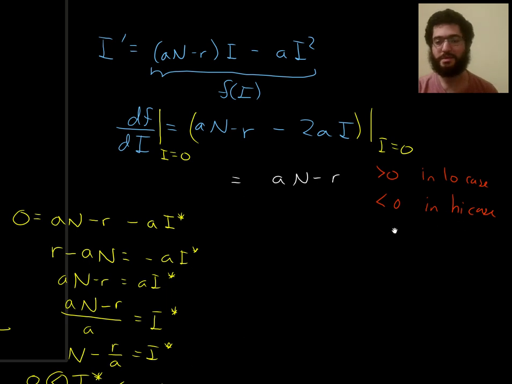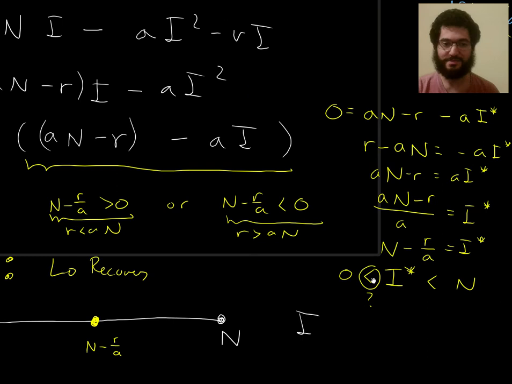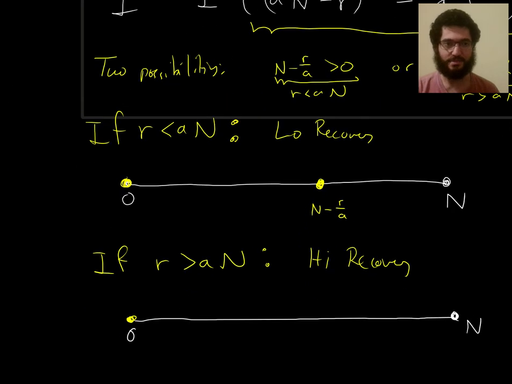And in the high recovery case, it's a stable equilibrium. That's very interesting. So here's the stability situation. In the low recovery case, it's unstable. So you expect if you increase a little bit from 0, then more people become infected. And in the high recovery case, it is a stable equilibrium. And if we were to include the negative side, then the rest would look like this. But I'm just not including that side because it doesn't make physical sense.